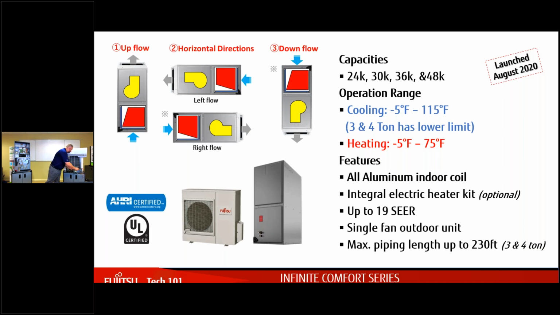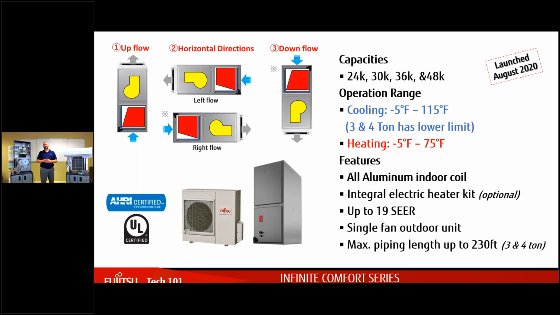That's actually this nice little piece of equipment right here. All right, that's a heat element, and it installs right here in the top of the unit. I don't know if this can be seen on the camera, but it gets installed right up here. This is our multi-positional, by the way. All right, single fan outdoor unit, just like most of our Halcyon lineup is.